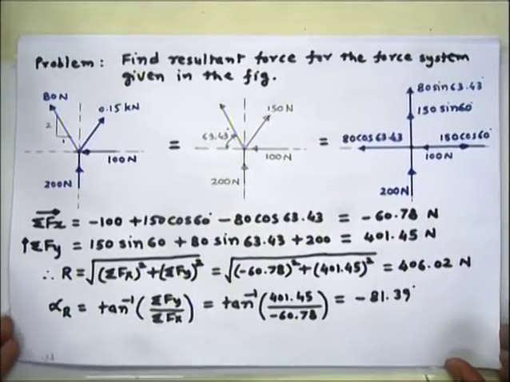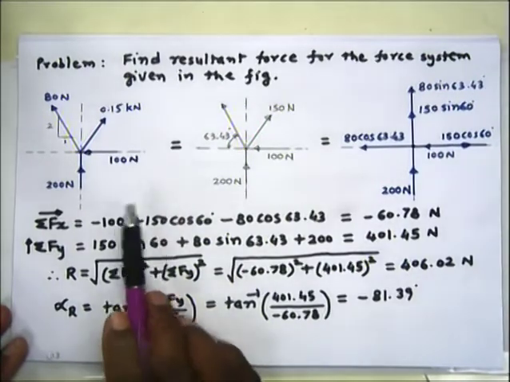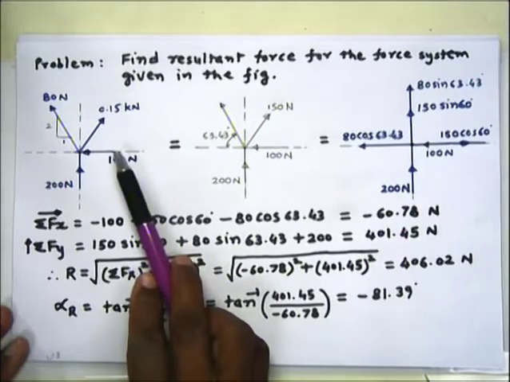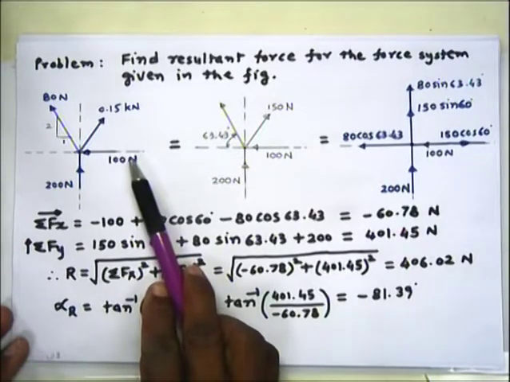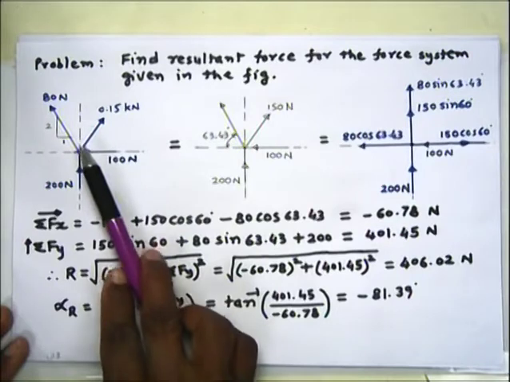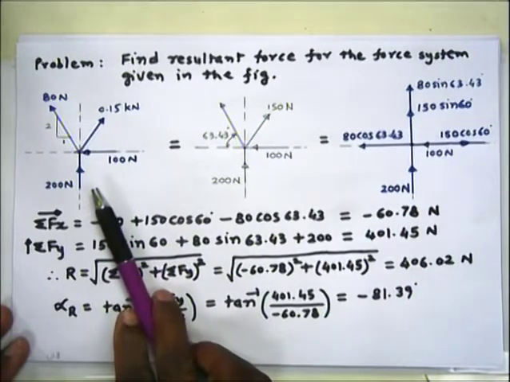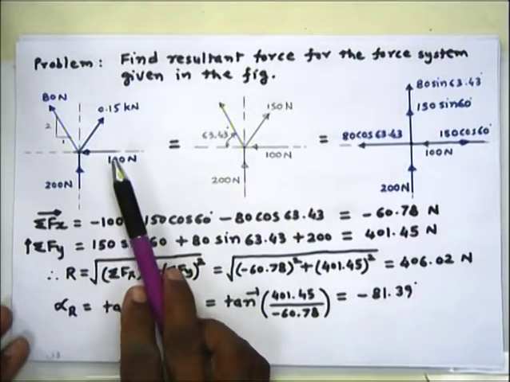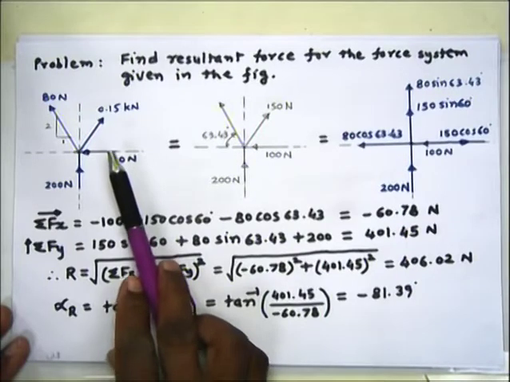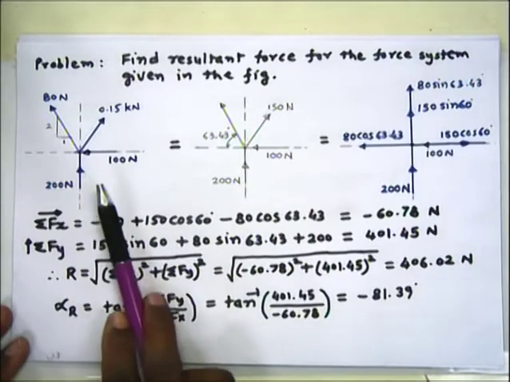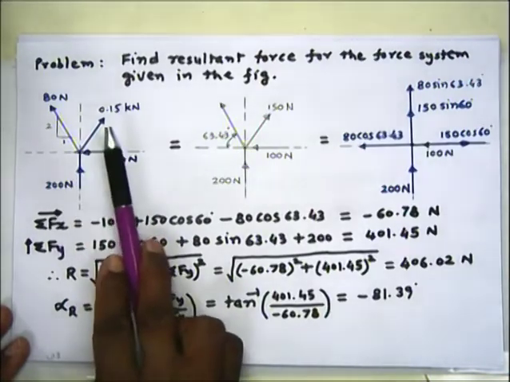So here, suppose you are given this type of problem. It is a concurrent force system, and here are four forces: 100 Newton force, 0.15 kilonewton force, 80 Newton force, and 200 Newton force acting on this point. But in the figure you can see this value is in Newton, this is also in Newton, but this value is in kilonewton.